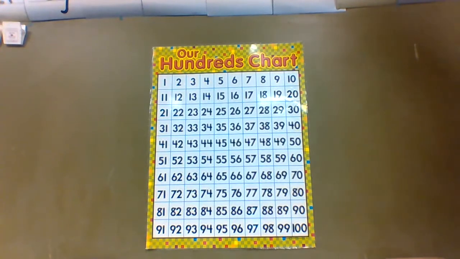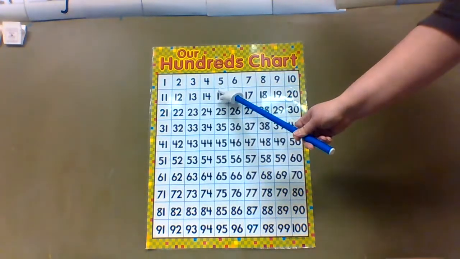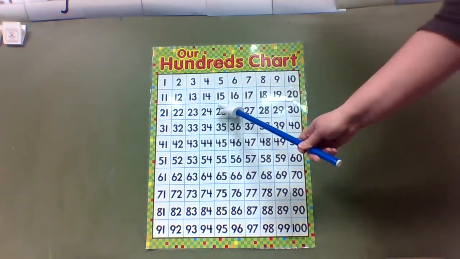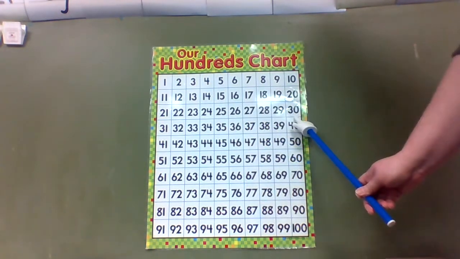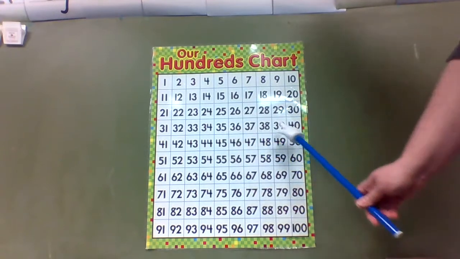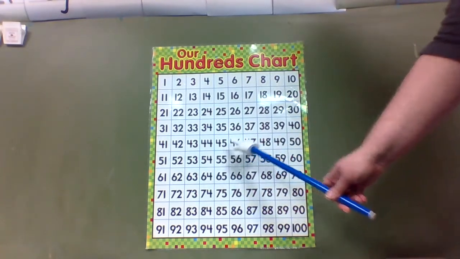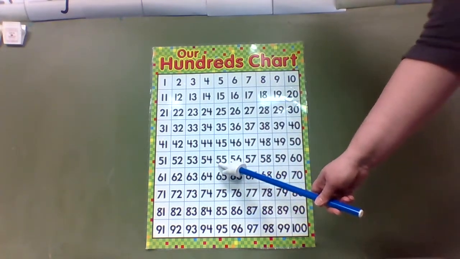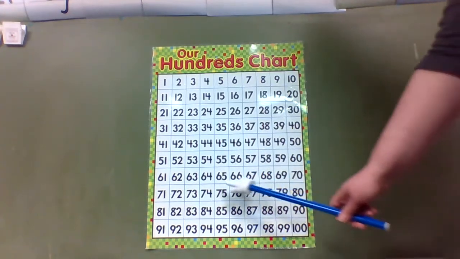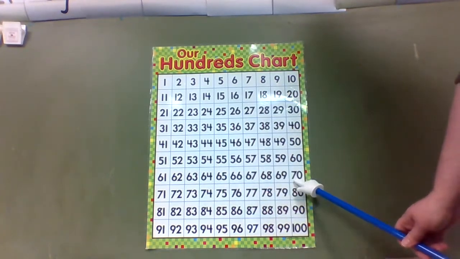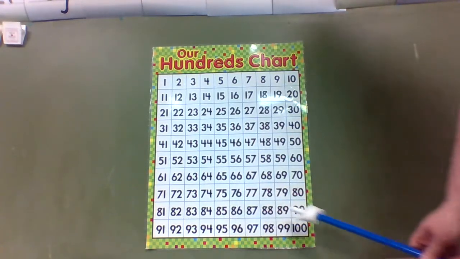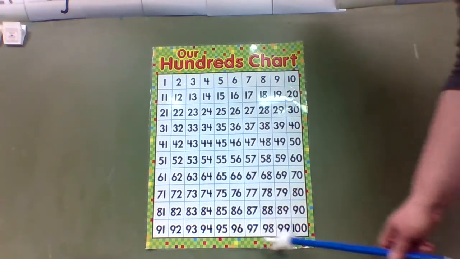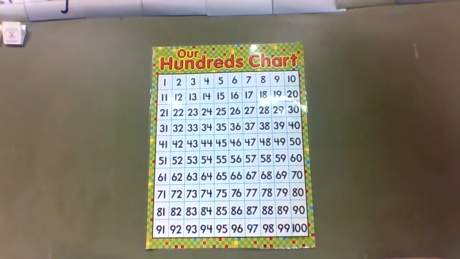Let's count by fives. 5, 10, 15, 20, 25, 30, 35, 40, 45, 50, 55, 60, 65, 70, 75, 80, 85, 90, 95, 100. Let's count by twos.